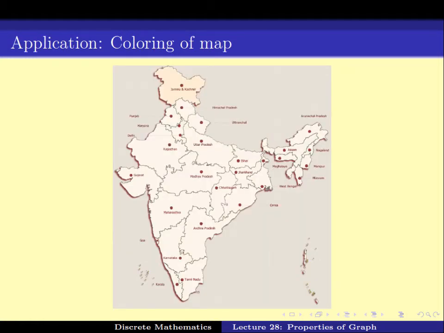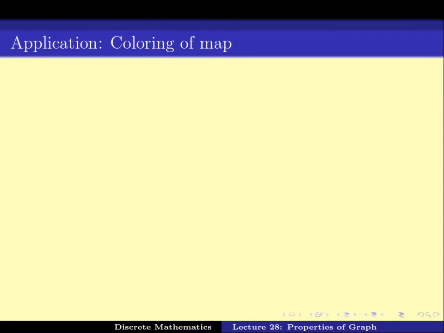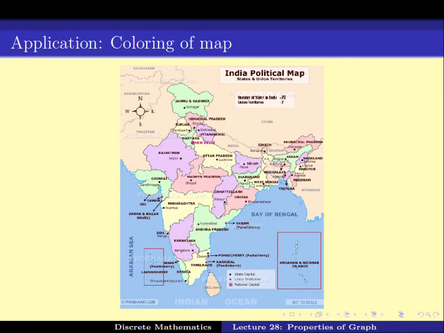And we have seen that the application of coloring can be seen in the coloring of maps. For example, here is a coloring of the states of India using colors so that no two adjacent states have the same color. And as you can see, it uses 4 colors.